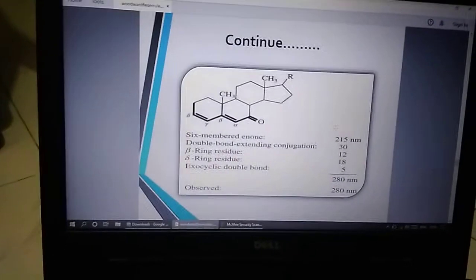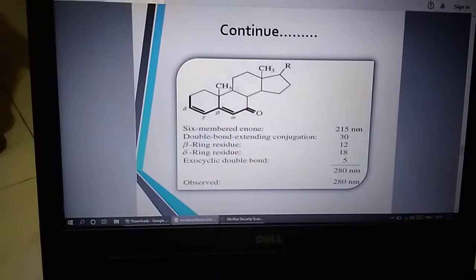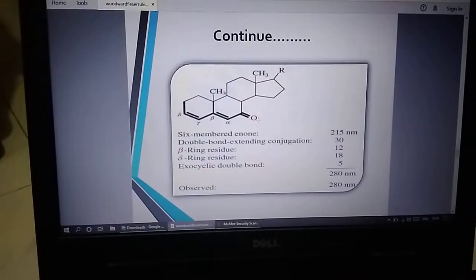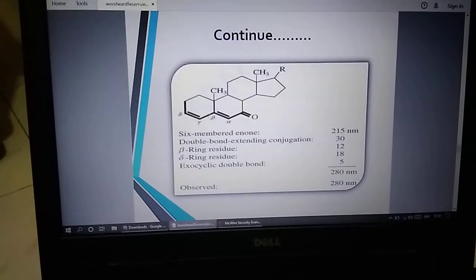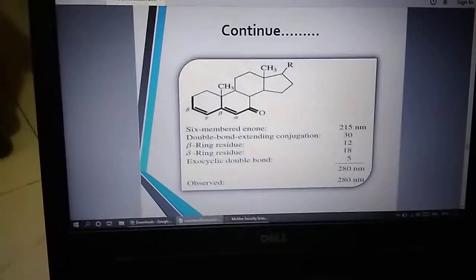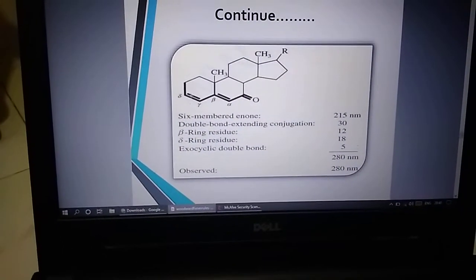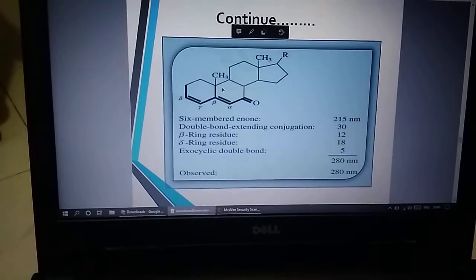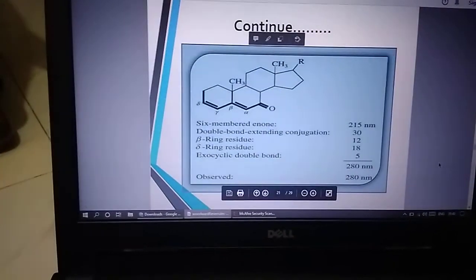And the next one is a 6-membered enone. This is a double bond extending conjugation, this is a beta residue, this is an alpha ring residue, this is a gamma ring residue, and this is an exocyclic double bond. So total is 280 nanometers.